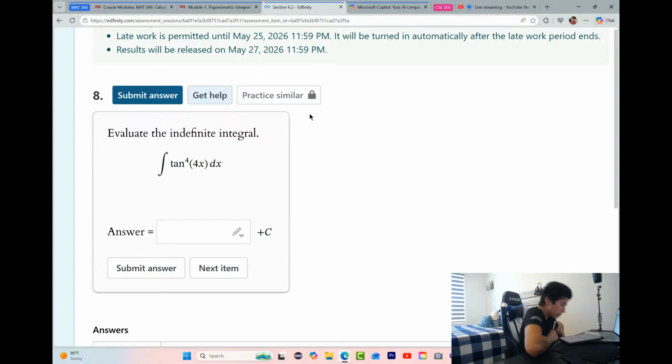If we let U equal secant squared, yeah, no, we want to let U be tangent of x. There we go. Cool.